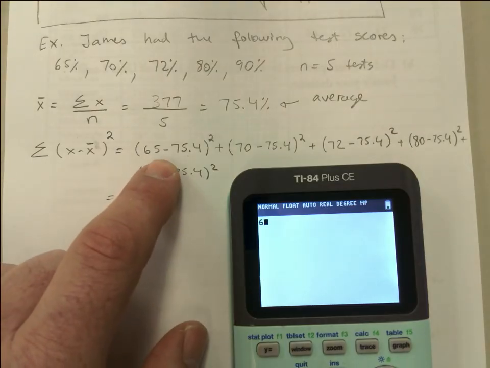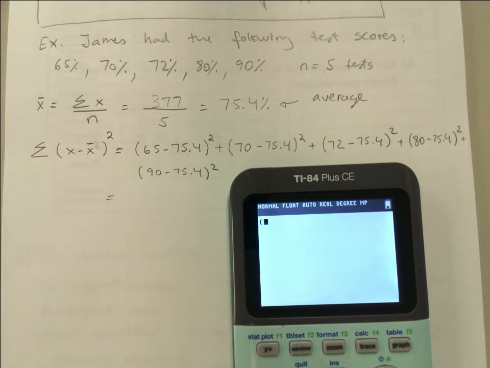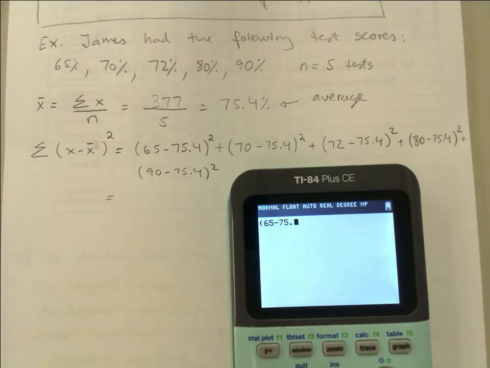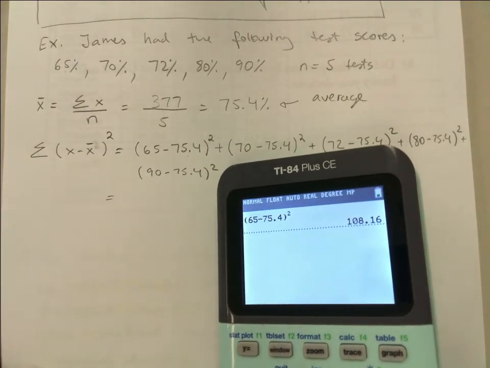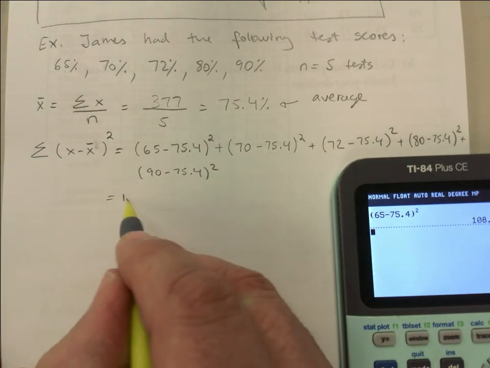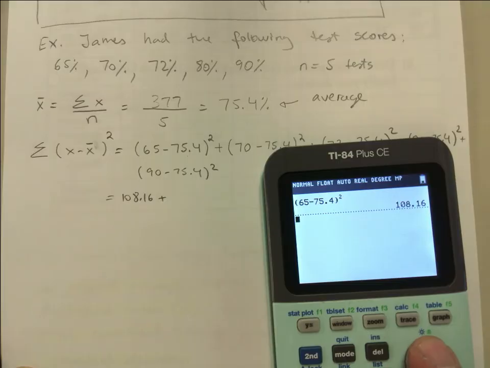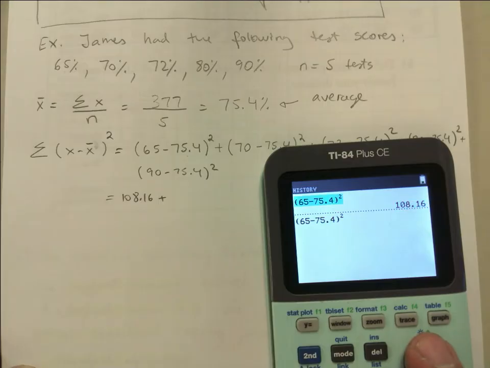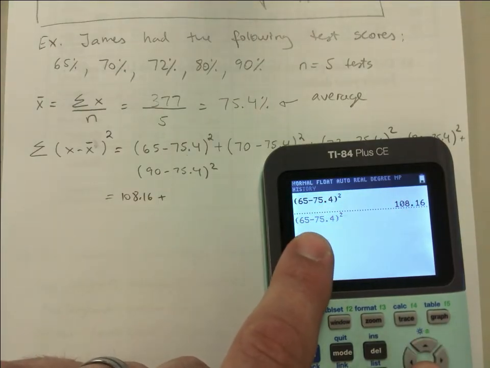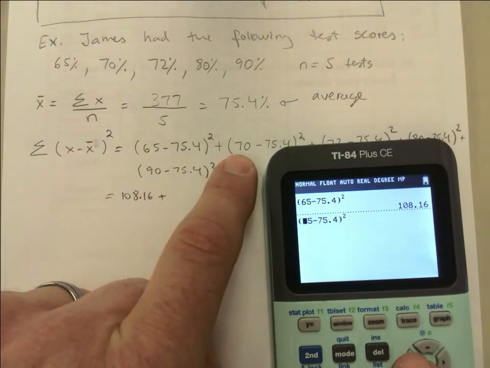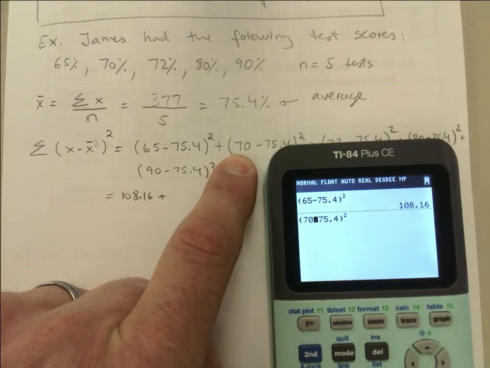If I want you to do this by hand, use brackets, by the way. You go 65 minus 75.4, and just square that individually like that. So you get 108.16. Plus, we'll do the next one. Watch what I do. I copy and paste the previous one, and I just replace 65 with 70 and hit equals.